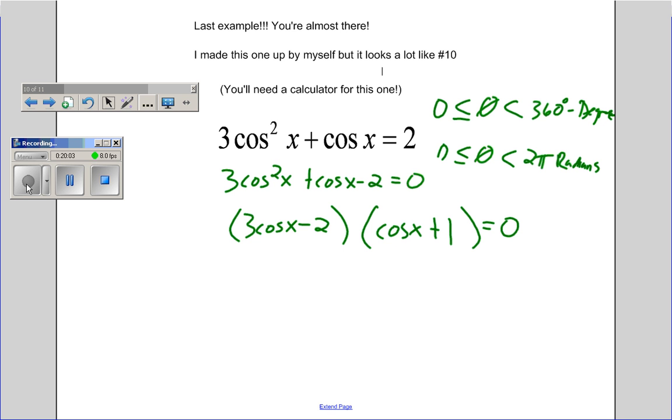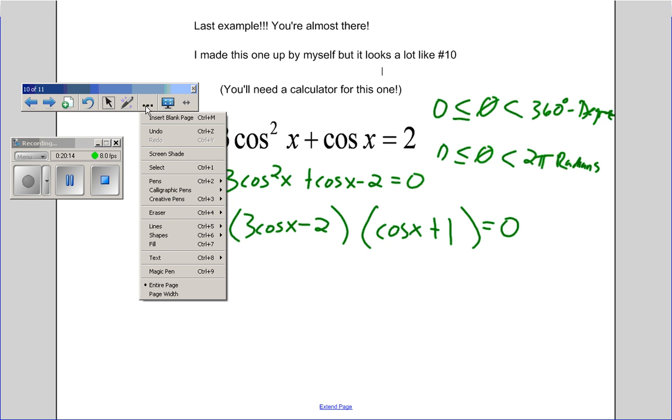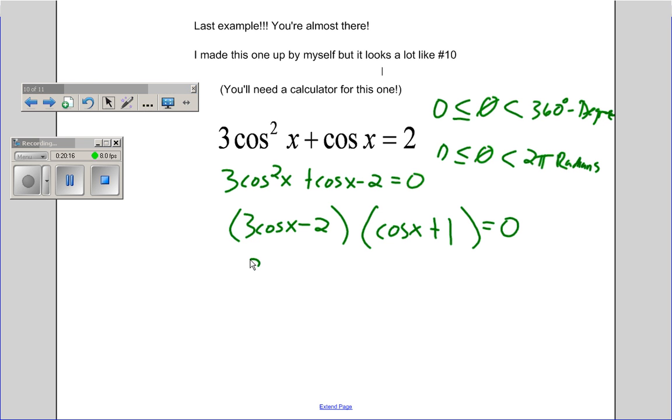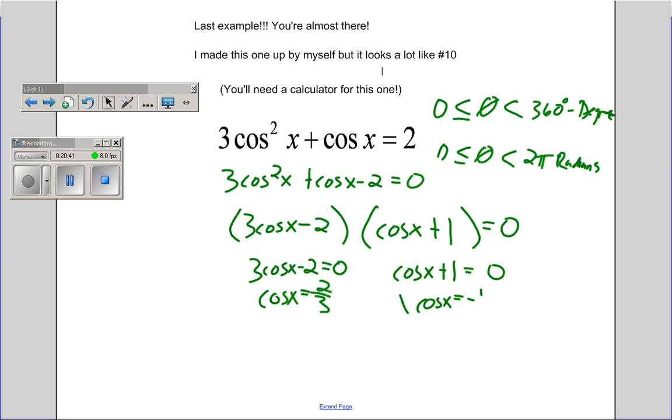Okay, so what we're going to do here is actually solve these for x, right? So I'm going to have 3 cosine x minus 2 equals 0, and cosine x plus 1 equals 0. So this becomes cosine x equals 2/3, and cosine x equals -1.